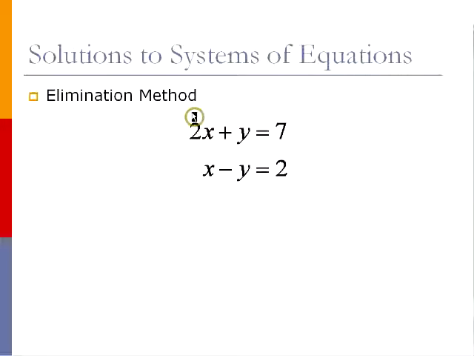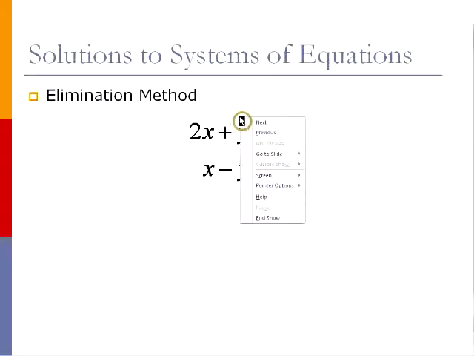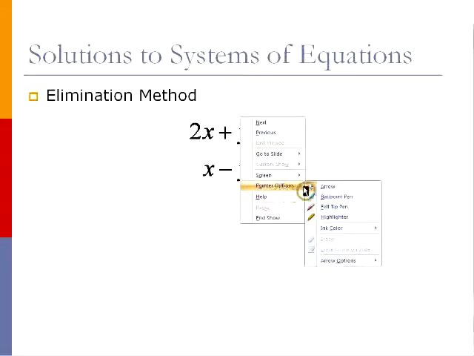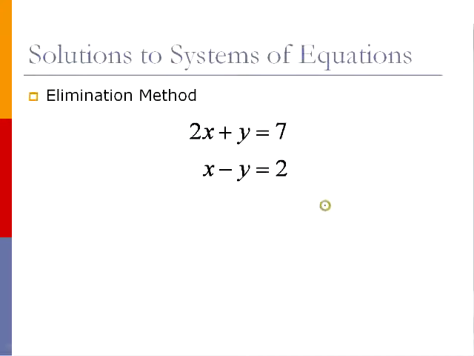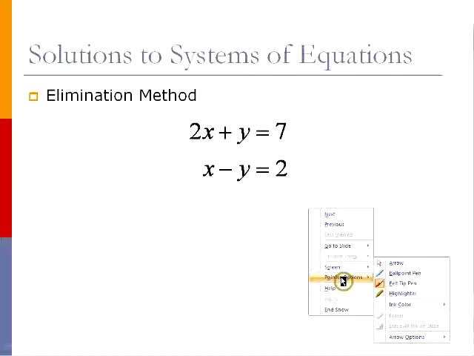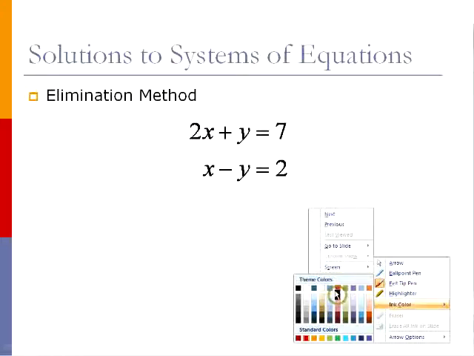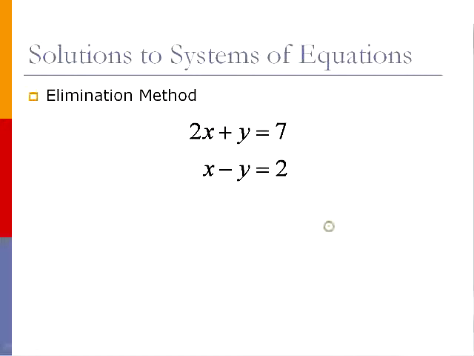In this particular example, if you look at it closely, you can see that the two y terms are the same, except one is a positive and one is a negative.